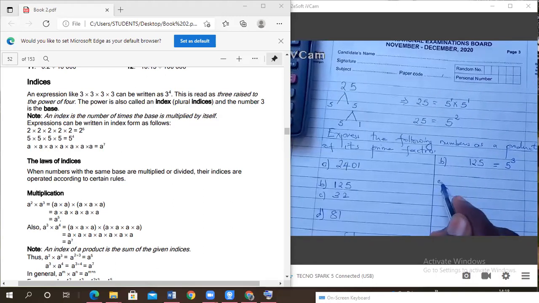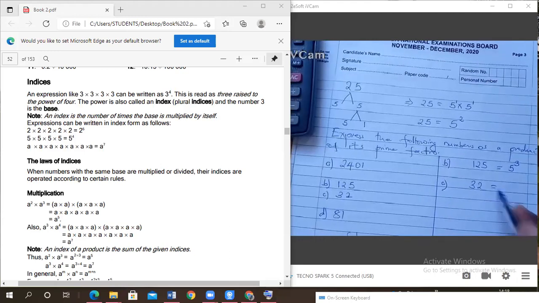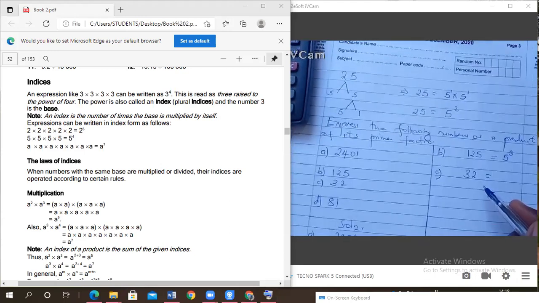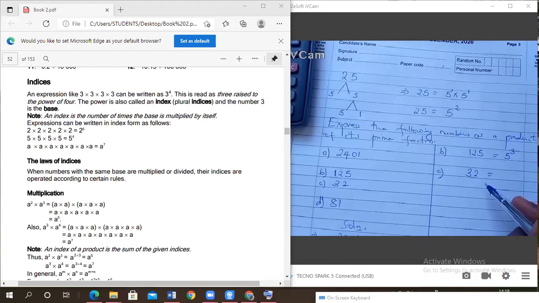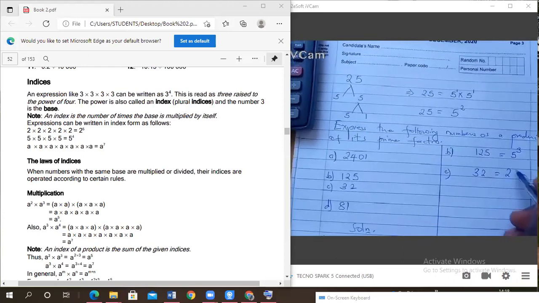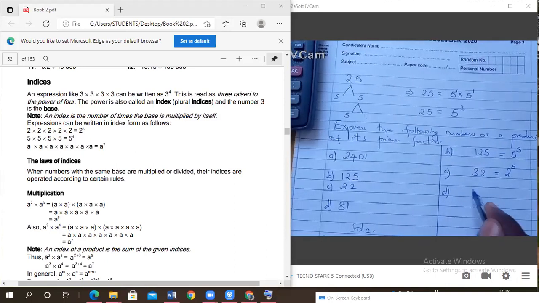Good. Then we have 32. What about 32? 32 is the same as 2 to the power 5. Good. Then D, we have 81. 81 is the same as? When you decompose that, what do you get?